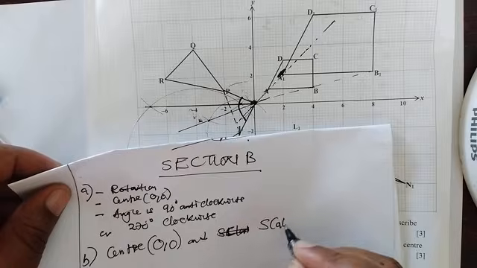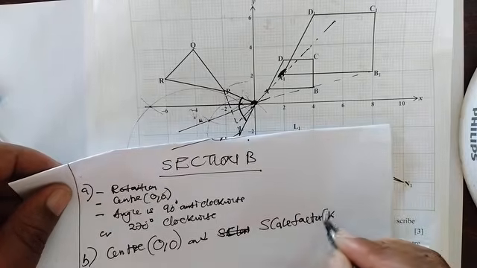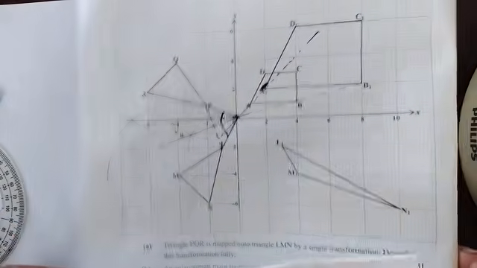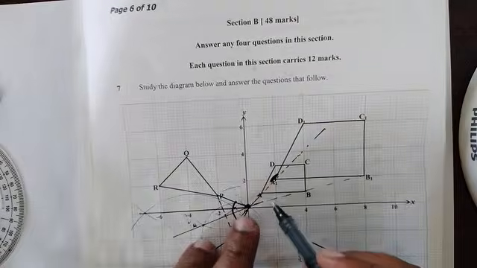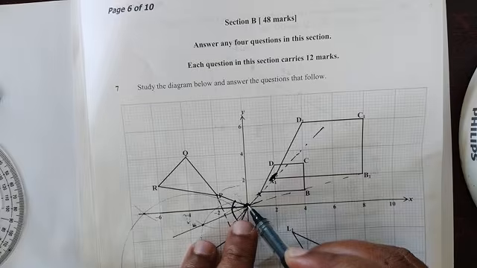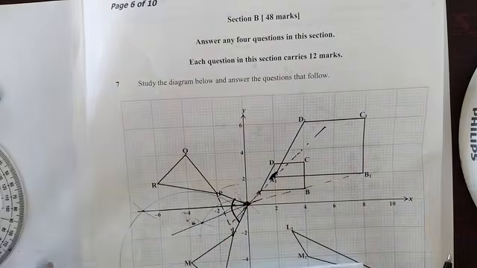Sometimes instead of writing scale factor, we would use K. Scale factor is equal to, now how do you get that? Because the center is outside these objects, the scale factor should be positive. But how are you going to do it?